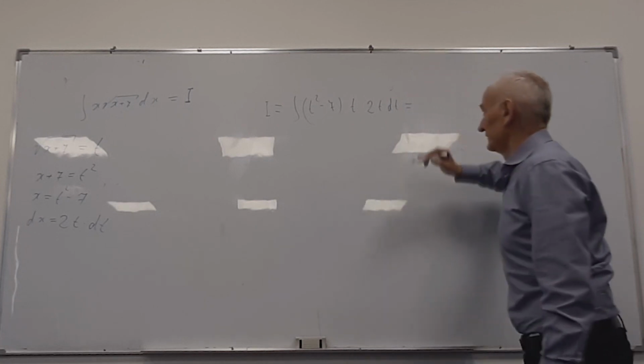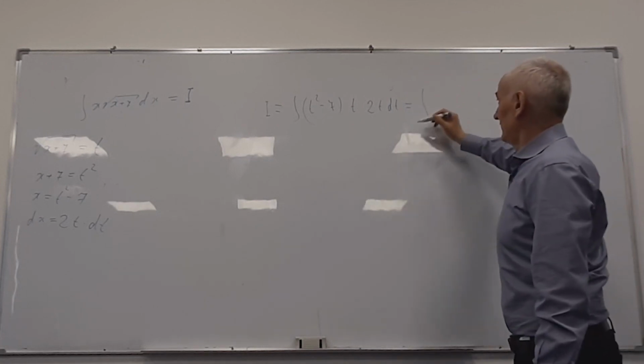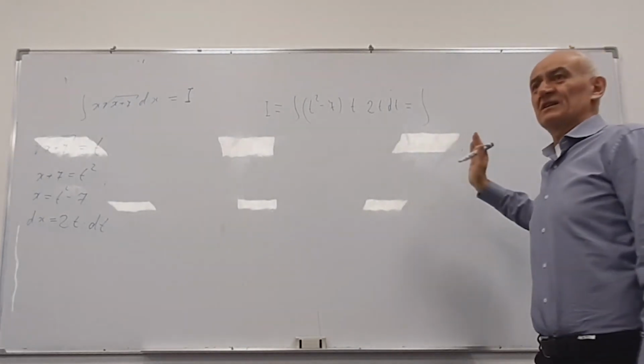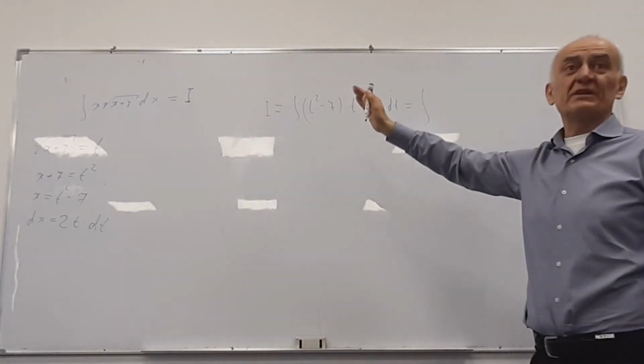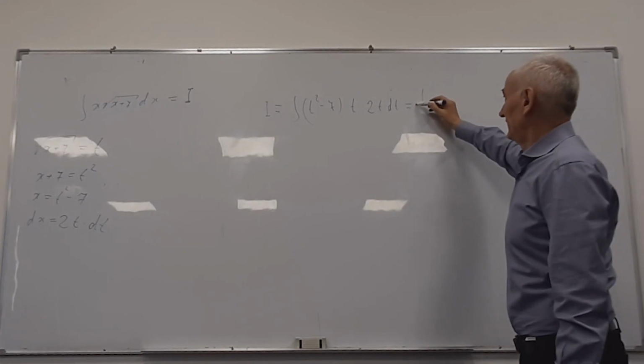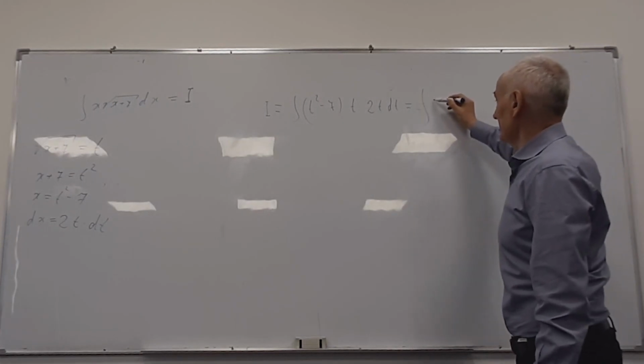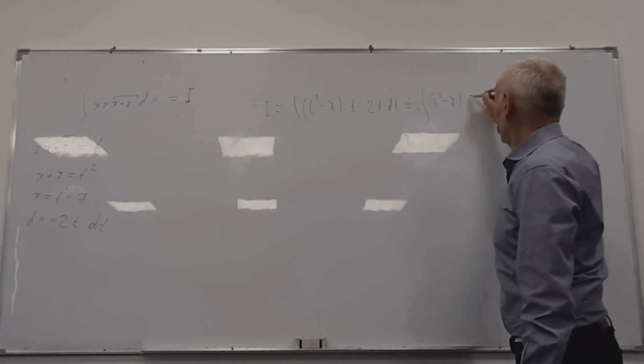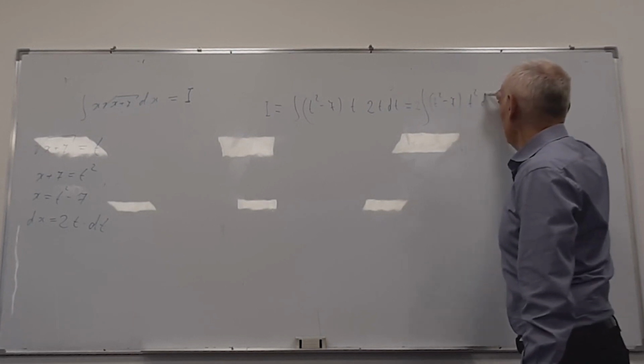And it's equal, here we have constant 2 and constant, we can move out from the integral sign. So it's going to be 2 times the integral of t square minus 7 multiplied by t square dt.